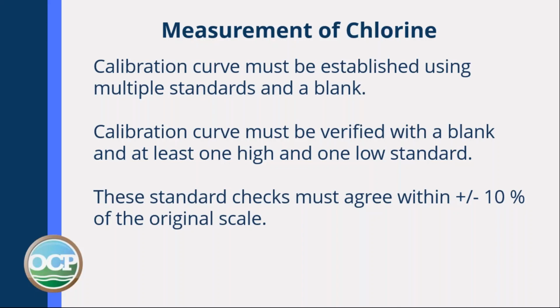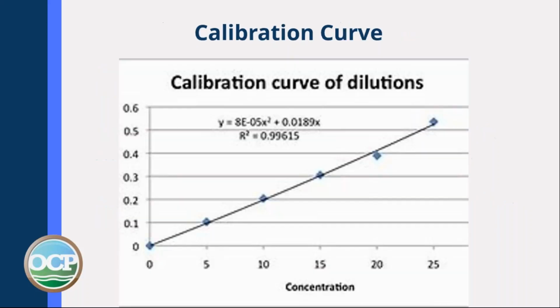These standard checks must agree within plus or minus 10% of the original scale value. There's your calibration curve. So before you use that every day, you need to run the blank, one of the low samples and one of the high samples to make sure that curve is still accurate.